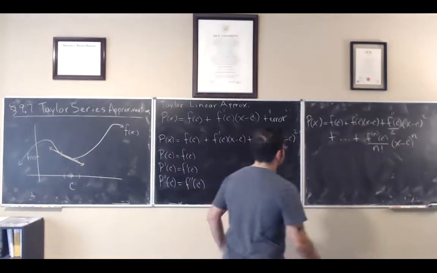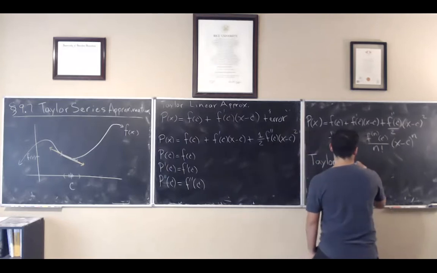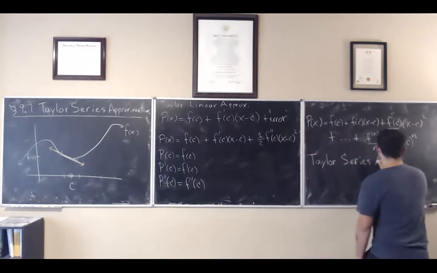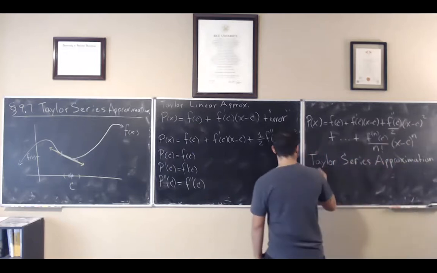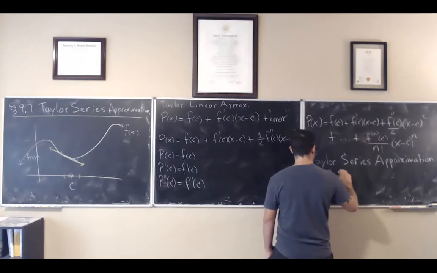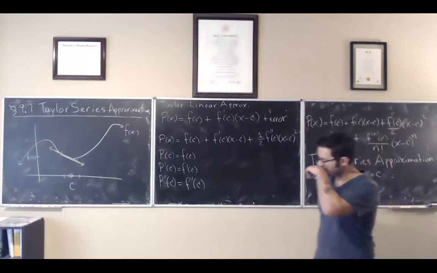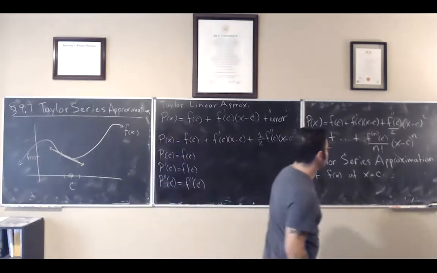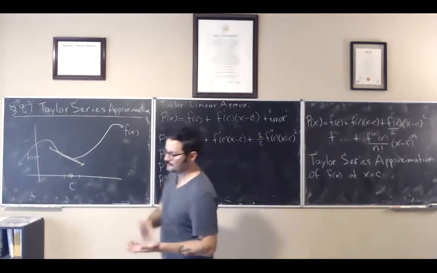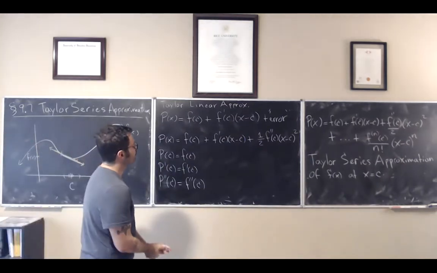So this is the Taylor series approximation of f of x at x equals 2. It's basically just putting together a polynomial that always has the same higher order derivatives as the function that you're trying to model.